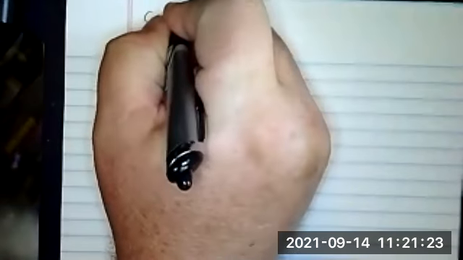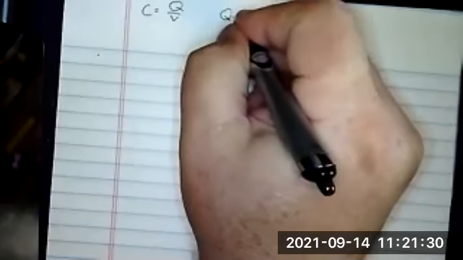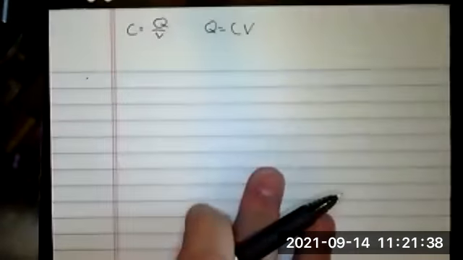And what we're going to define capacitance as is basically the amount of charge you can hold for a given voltage. So I often just say capacitance is equal to charge over voltage, but you'll notice your book is really just saying that the charge is equal to the capacitance times the voltage. And both of those obviously are valid equations because you can manipulate one to make the other, right?